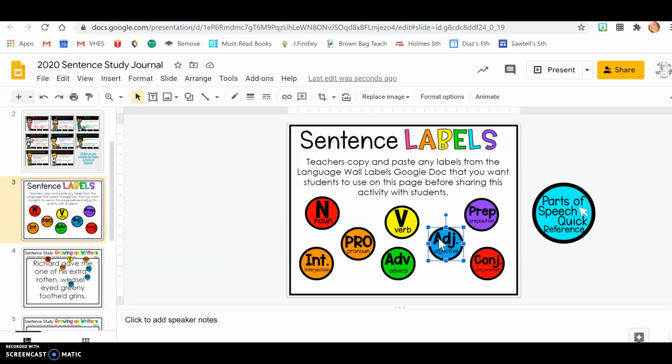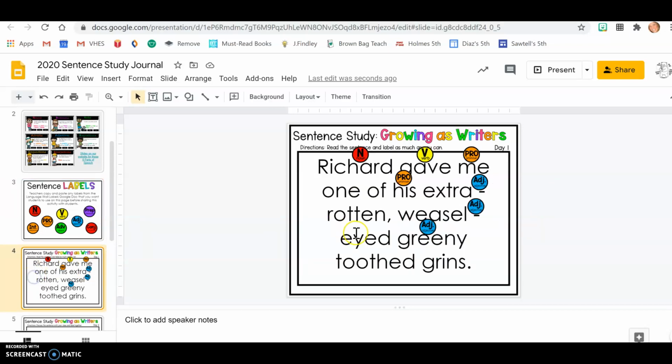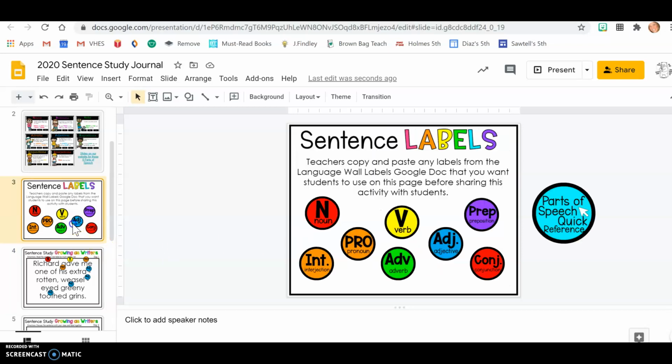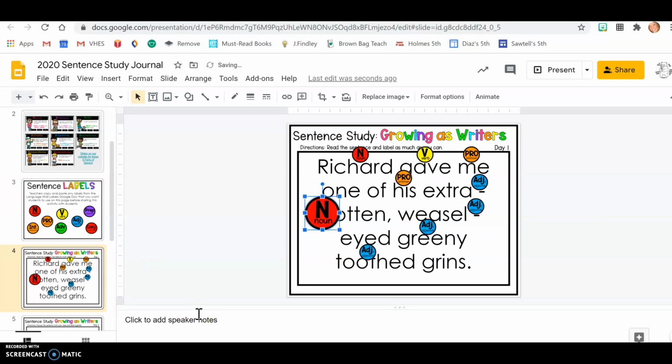So Control C, Control V with an adjective because it's describing that smile as toothed. So you can envision all his teeth are showing in like a rotten way, not like a big excited way. And then a grin is a type of smile, which is a thing. A smile is a thing. Person, place, or thing or idea is a noun. So back to pick up a noun, Control C and Control V.